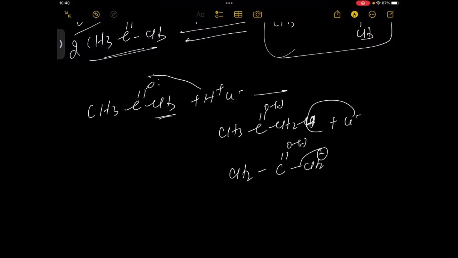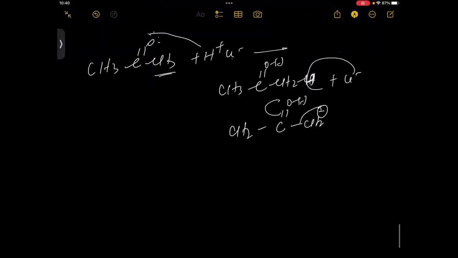Now you will get the enol, CH3 C OH double bond CH2. This is called the enolate ion. Okay, so now you have got the enolate ion.